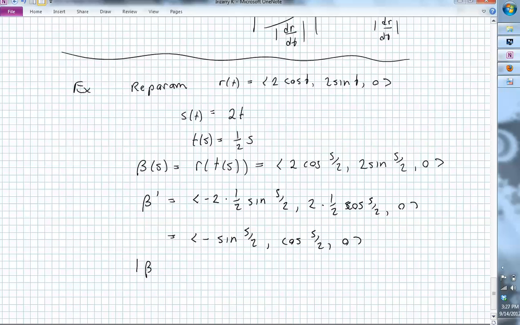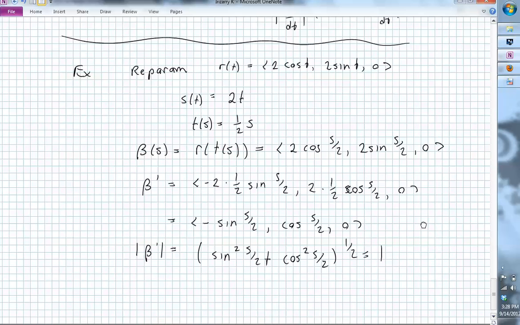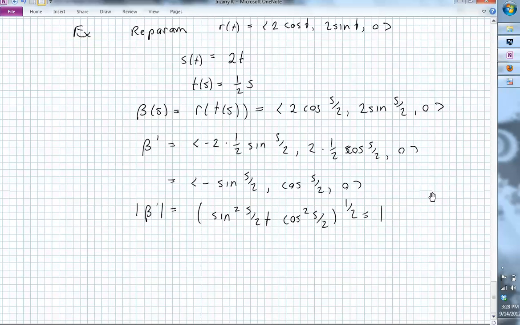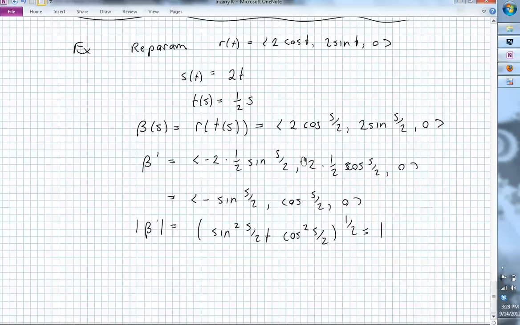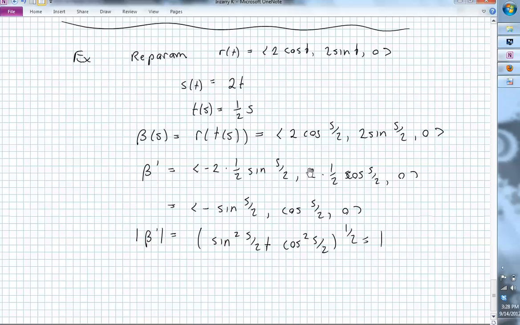And what's the magnitude of beta prime? It's 1, not surprisingly. So I started out with this somewhat arbitrary parameterization up top in terms of t. I found s of t, I found t of s, I built r of t of s, and that's an arc length parameterization.